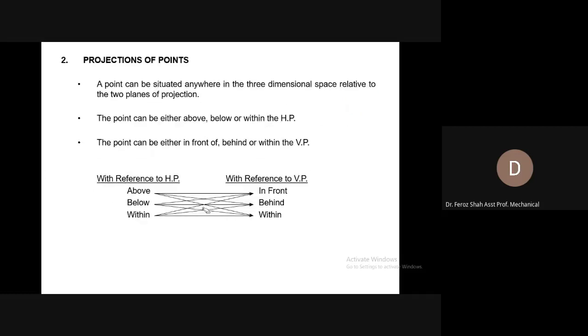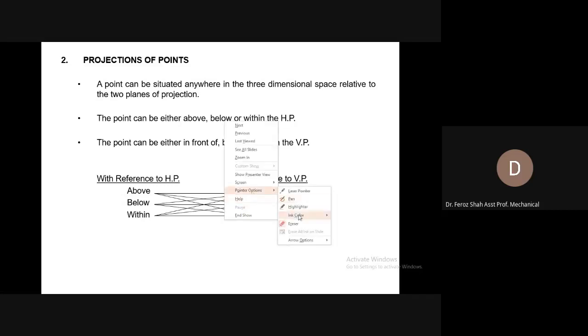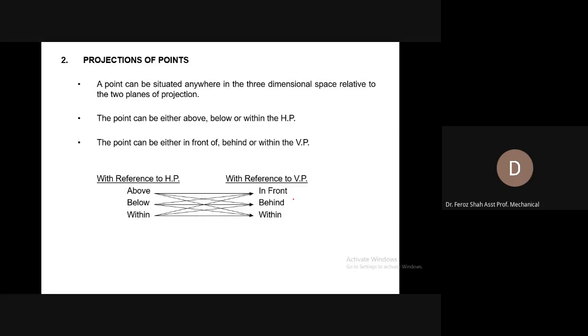With respect to the horizontal plane and the vertical plane, we can have different positions relative to the two planes of reference. A point can be situated anywhere in three-dimensional space relative to the two planes of projection. The point can be either above, below, or within the horizontal plane.